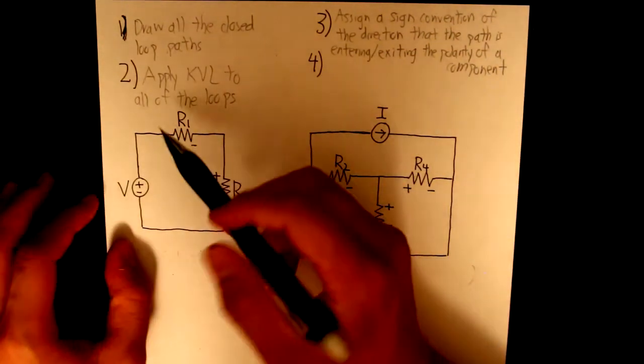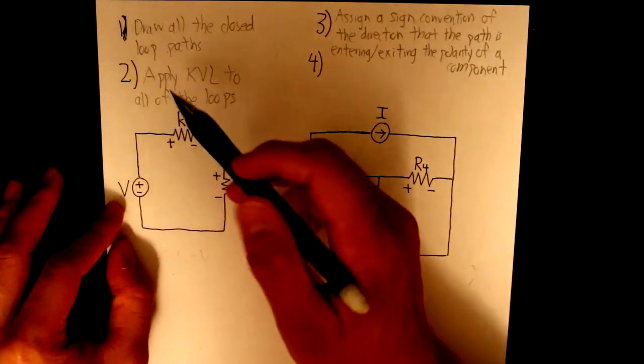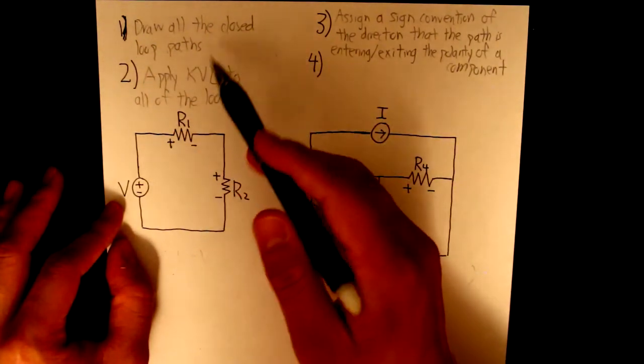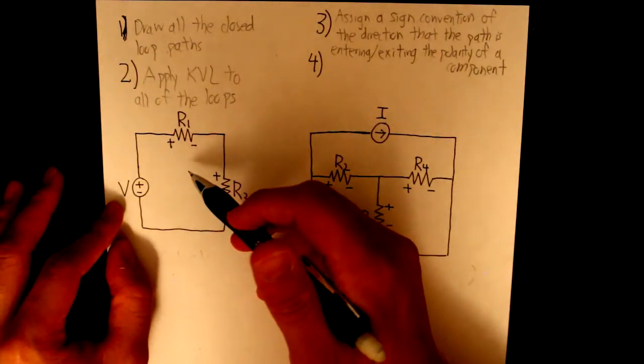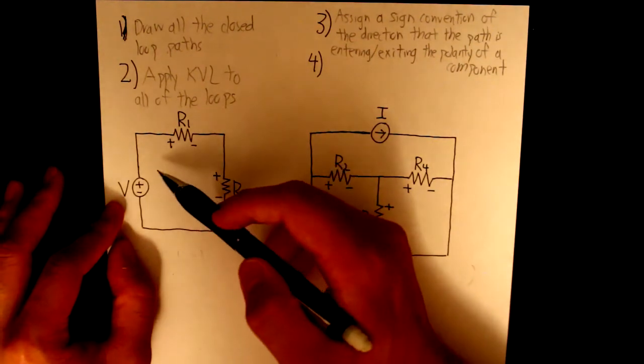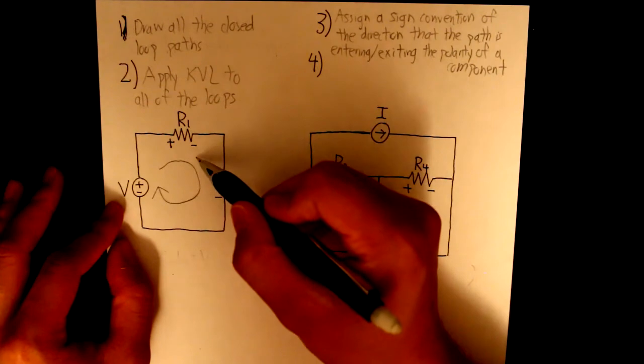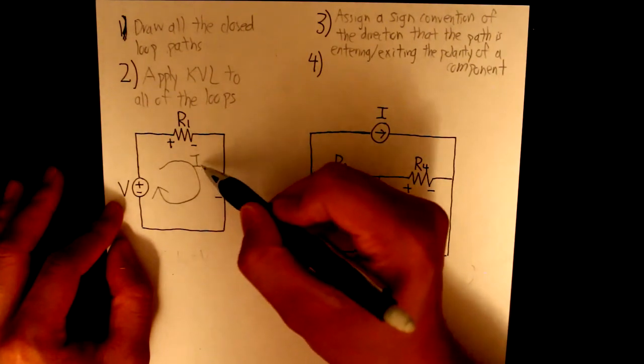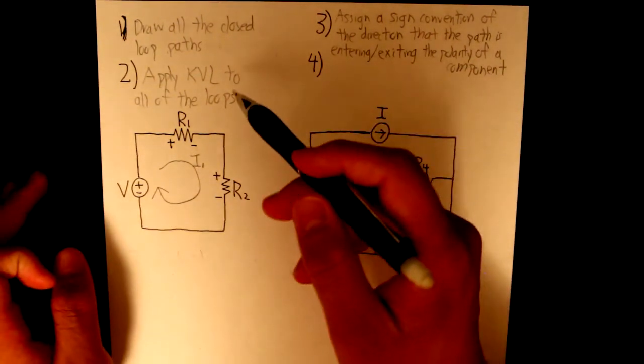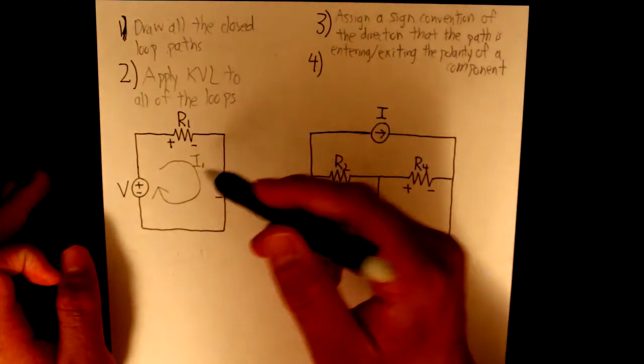So circuit 1 is pretty simple. Step 1 is to draw all the closed loop paths, and there's only one path. So we'll just draw it right here, and we'll label that as I1. And now it's time to apply the KVL to this loop.